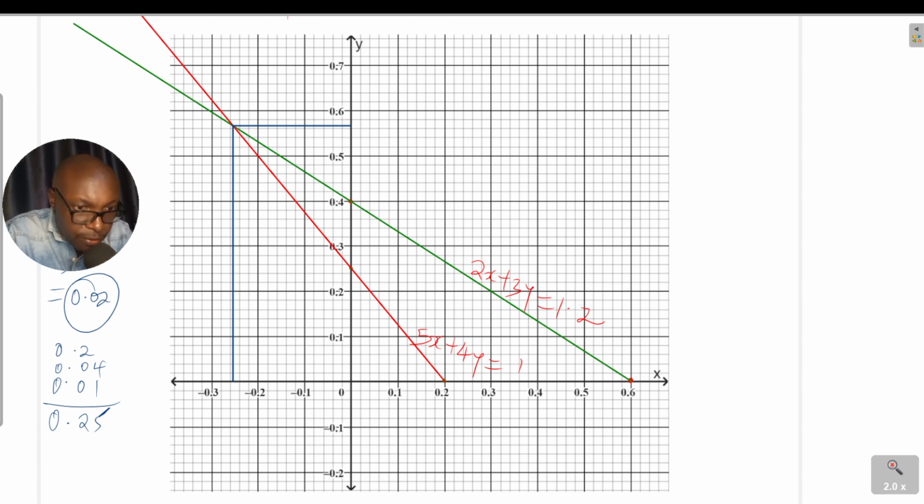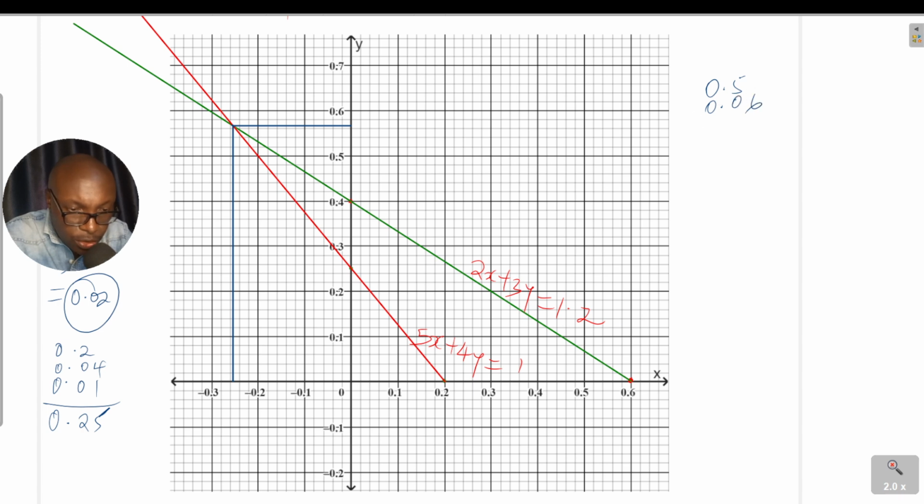Then you read the y coordinate. We add 0.5, and how many squares are here? 1, 2, 3.